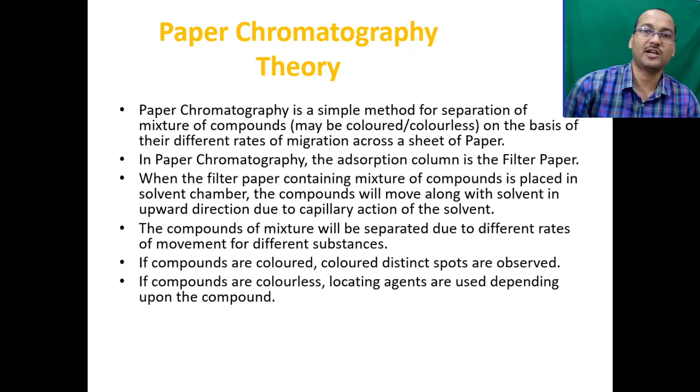Paper chromatography is a simple method for separation of a mixture of compounds, which may be colored or colorless, on the basis of different rates of migration across a sheet of paper. In paper chromatography, the adsorption column is the filter paper. When the filter paper containing the mixture of compounds is placed in the solvent chamber, the compounds move along with the solvent in an upward direction due to capillary action of the solvent.